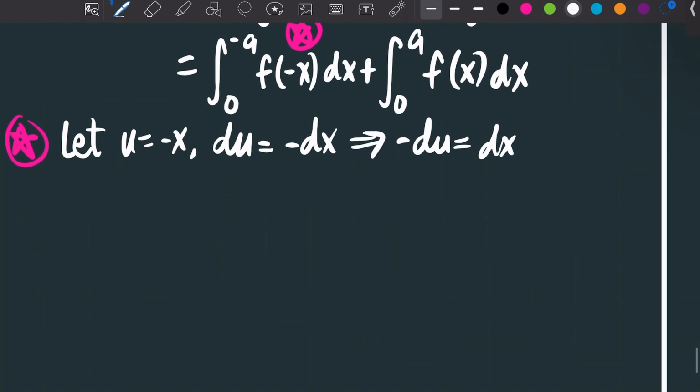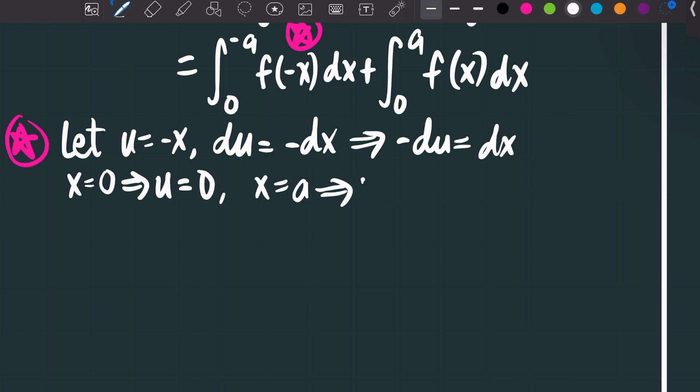Then let's change the bounds. If x equals 0, yung u equals negative of 0, which is 0. Tapos, if x equals negative a, then yung u is negative ni negative a, which is a.